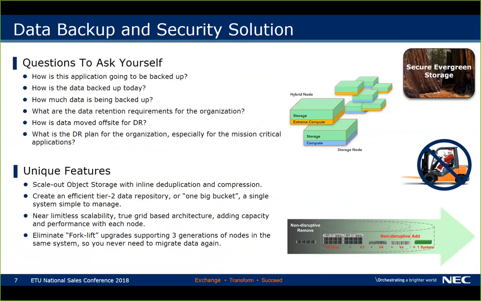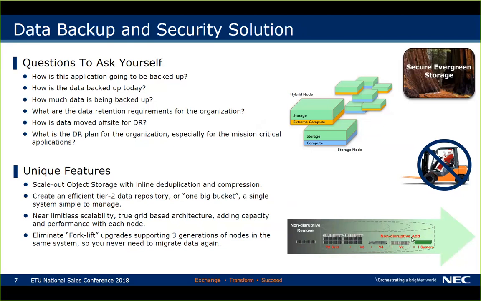And then, like I was talking about, eliminate forklift upgrades. We support 3 generations of nodes in one single system. So it's very easy to add the latest and greatest node, and the other generations will still work with that node. Now, say your system is 10 years old, and we're upgrading to generation 6, and you had a generation 3.